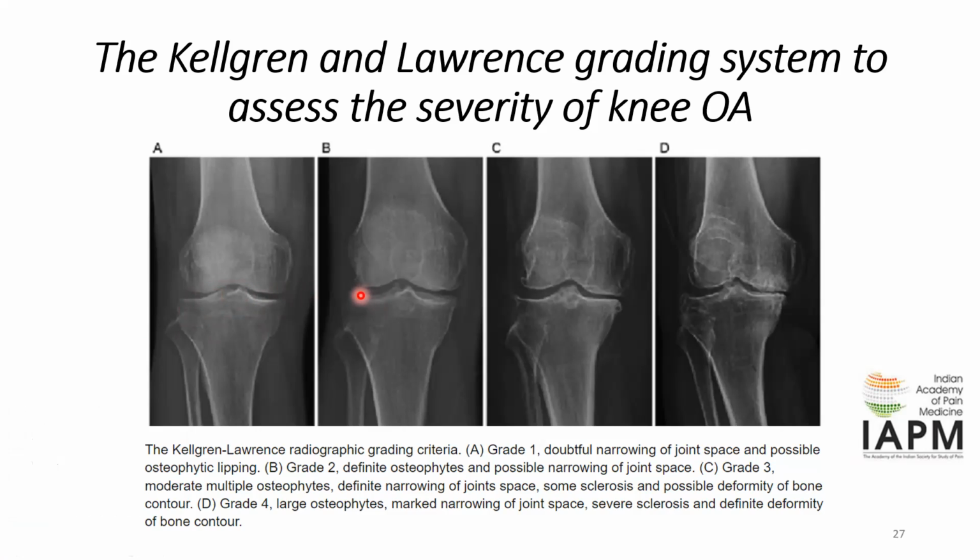In stage 3, there are multiple osteophytes and definitive joint space narrowing. In stage 4, there are multiple osteophytes, definitive joint space narrowing, and also bony deformity and sclerosis.